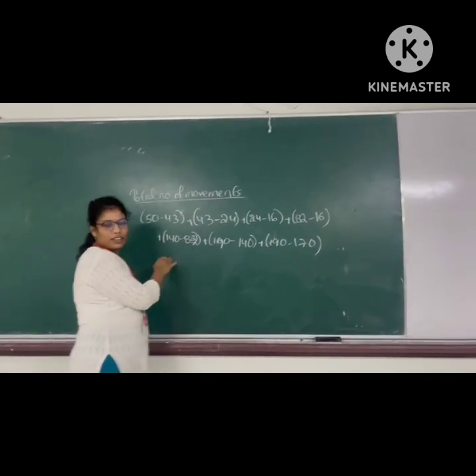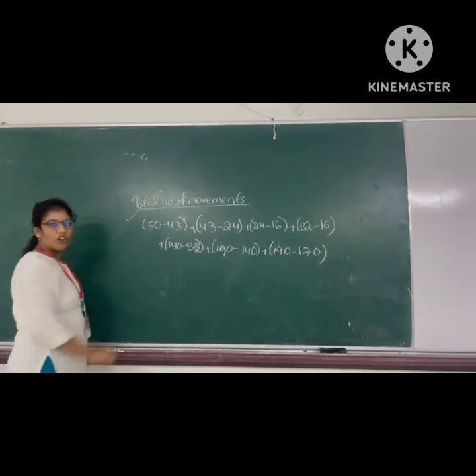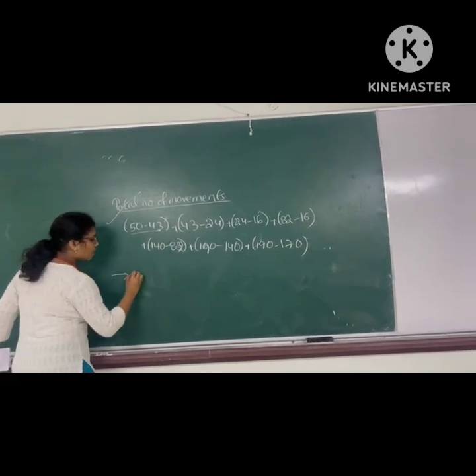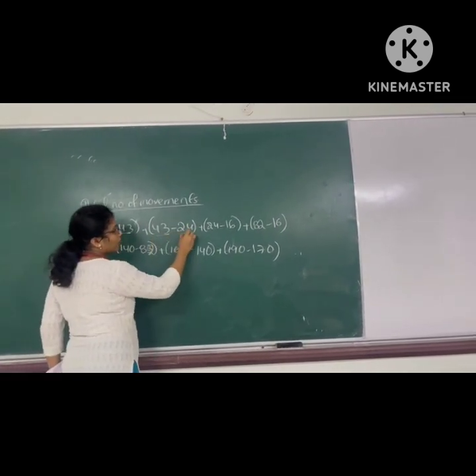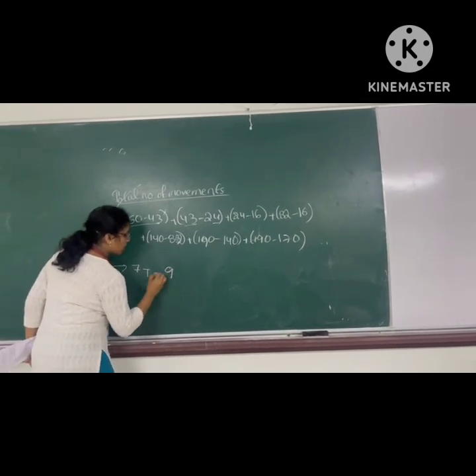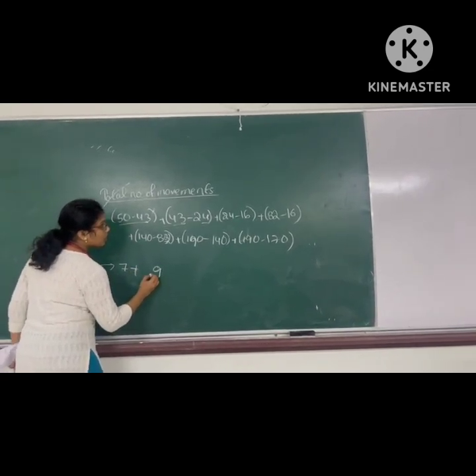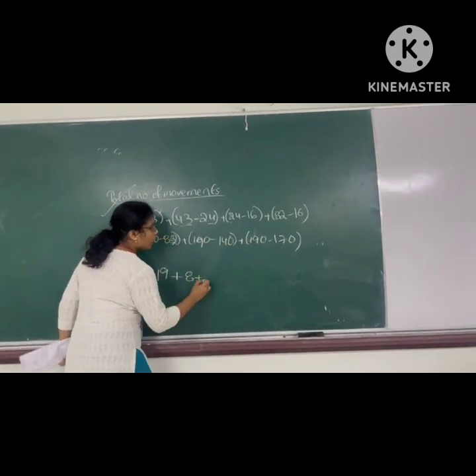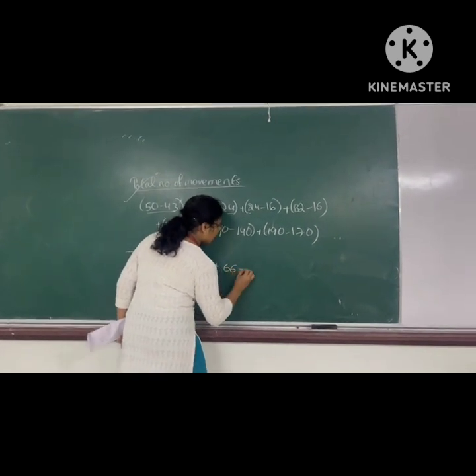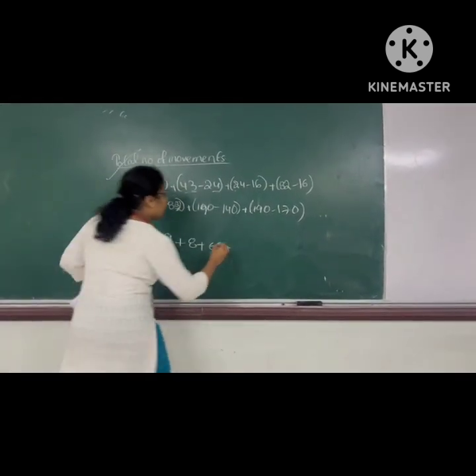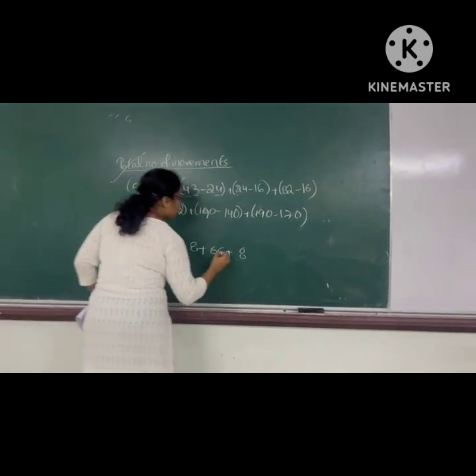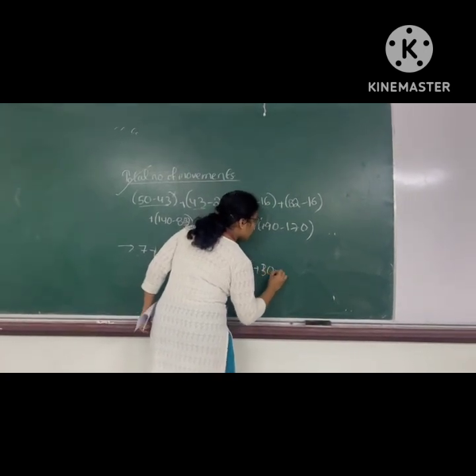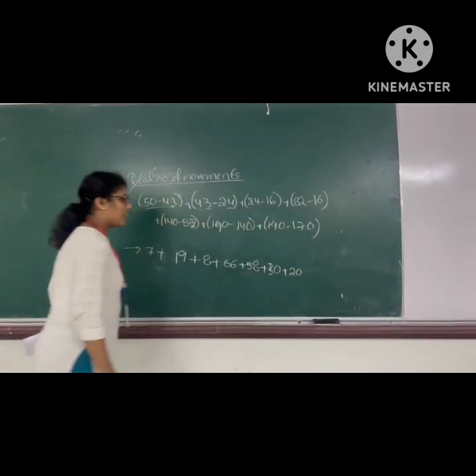We have to perform the series of subtractions to find the total number of movements. First of all, what is 50 minus 43? It is 7. Plus 43 minus 24 is 19, and 24 minus 16 is 8, and 82 minus 16 is 66, plus 140 minus 82 is 58, plus 170 minus 140 is 30, plus 190 minus 170 is 20.